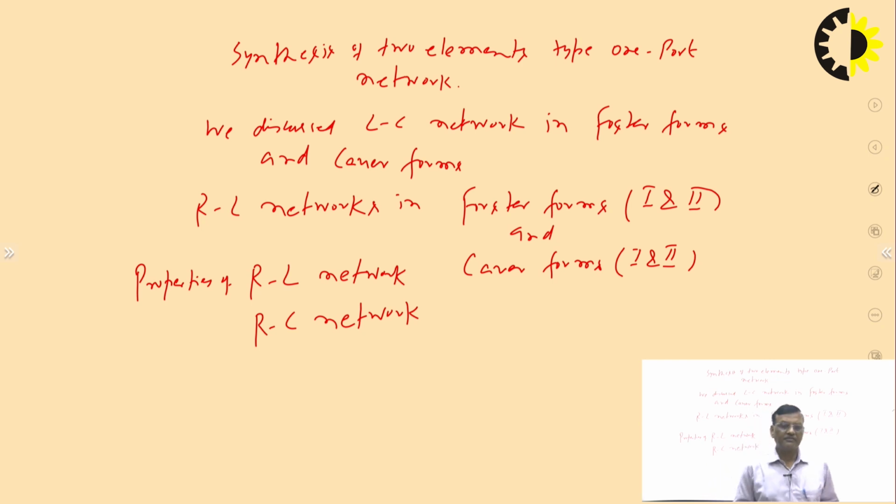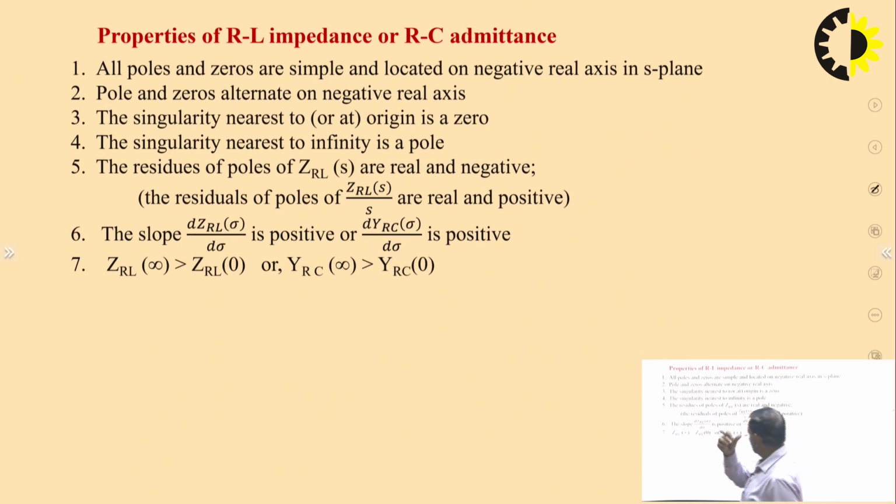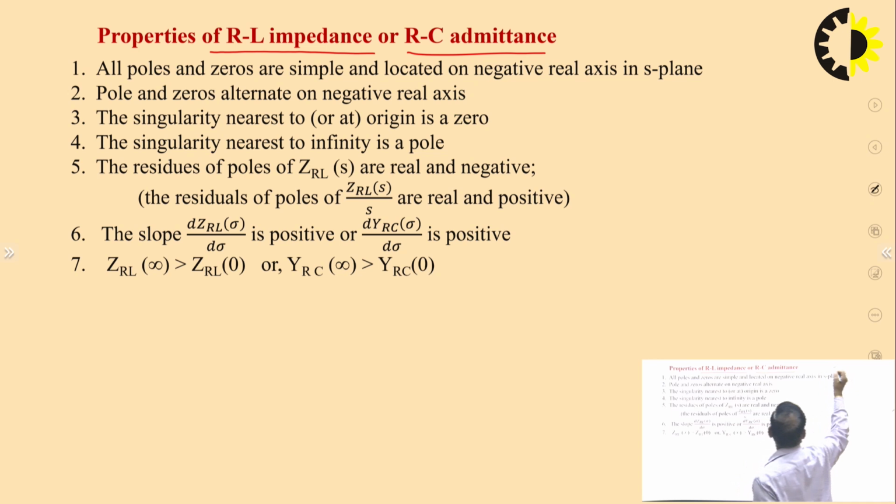These properties are very helpful in finding out the given network function, whether the RL, RC or LC. So, what are the properties? In RL, the properties of RL impedance and RC admittance are the same. First is all poles and zeros are simple and located on negative real axis.